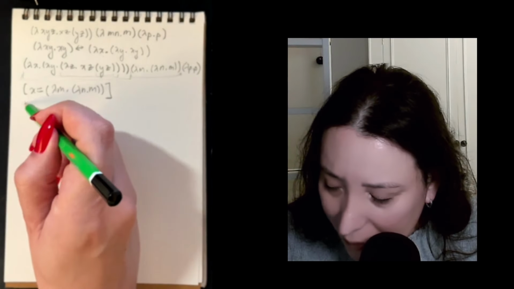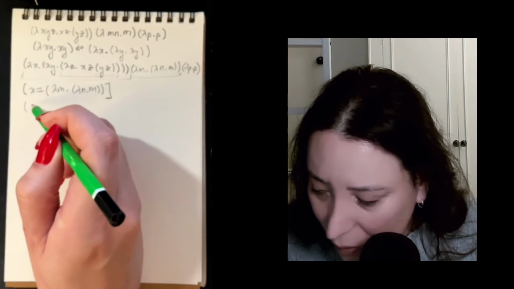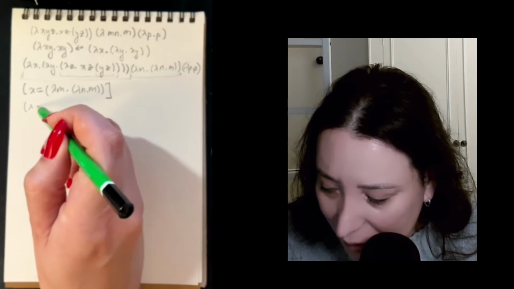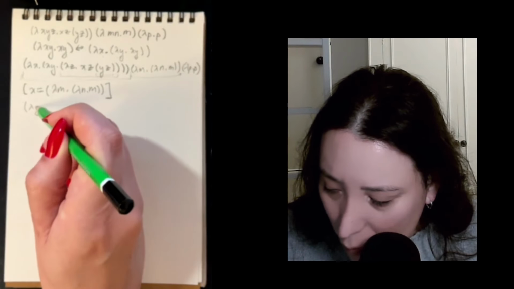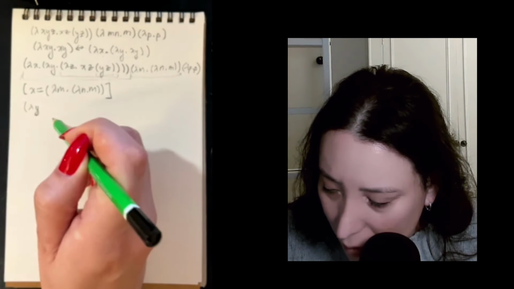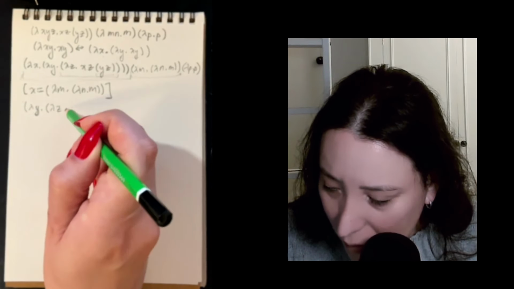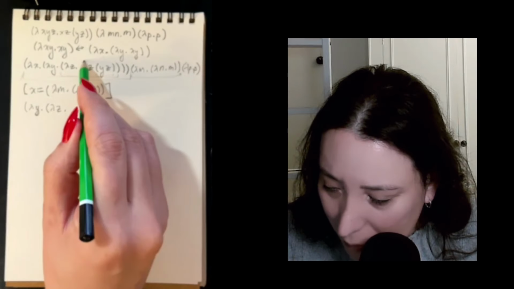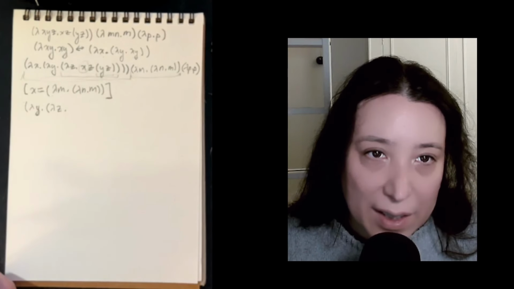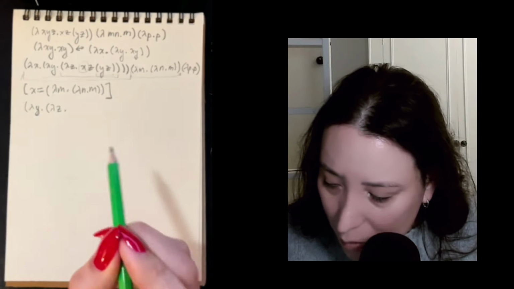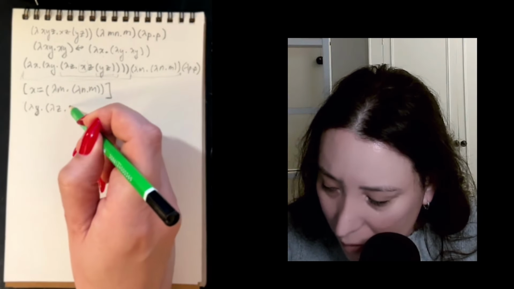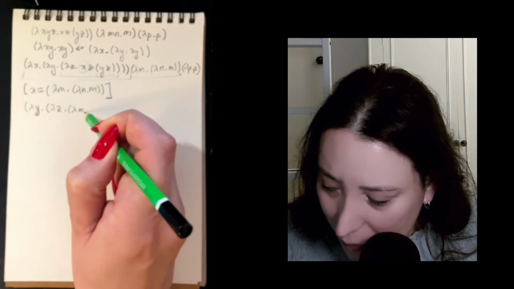So here we go. We get rid of this head because we're actually evaluating it. y dot z dot. Now we have an x, so we're going to replace that x with this thing. I'm just copying this straight in.